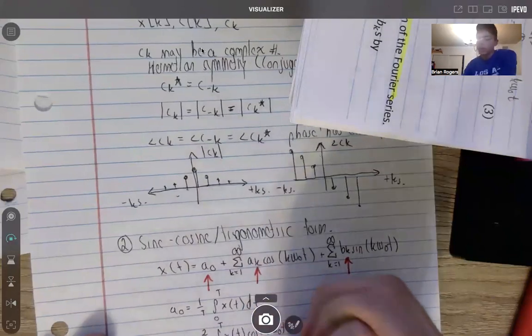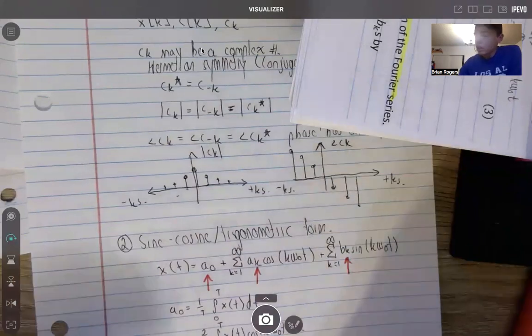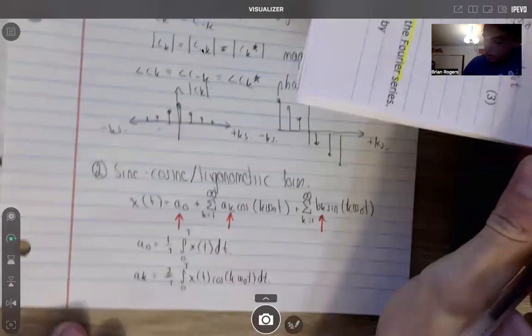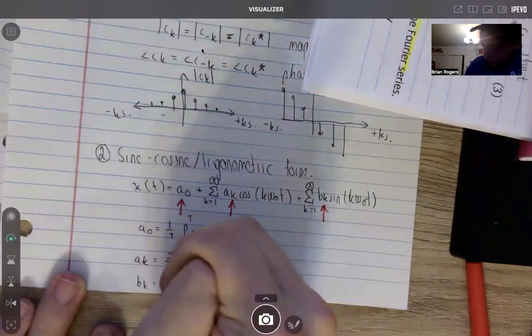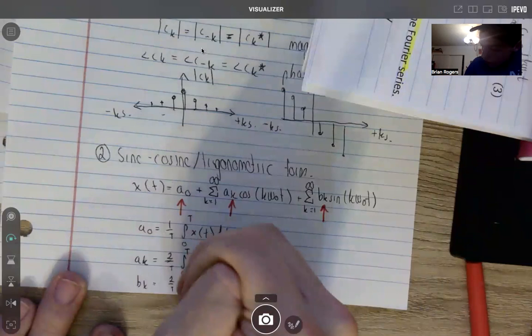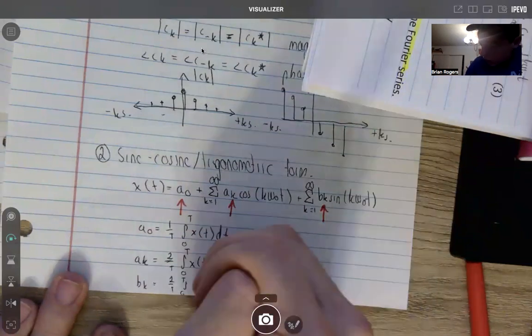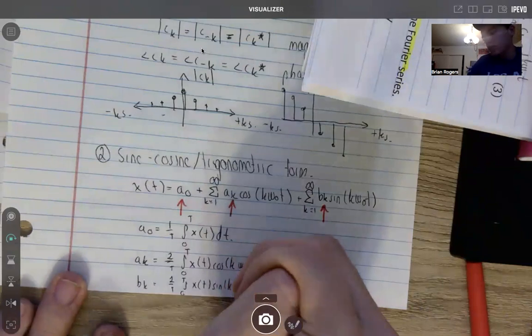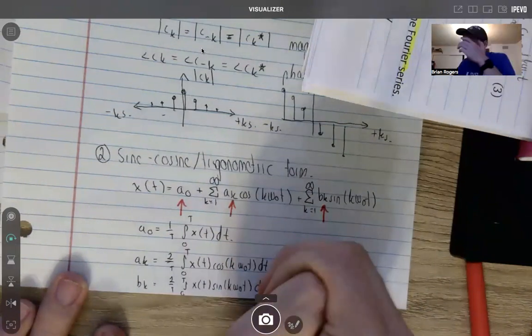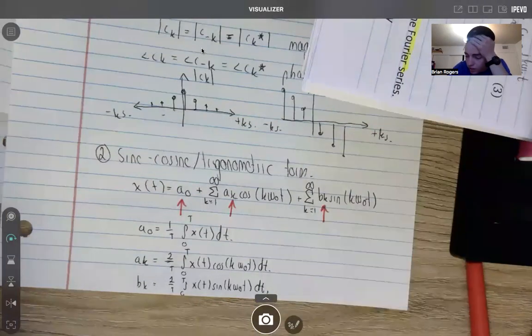And then you're going to have b of k equal to 2 over T, integral from 0 to T of x of t sine k omega naught t dt. And so now that you got that, you got the sine, cosine, trigonometric form.